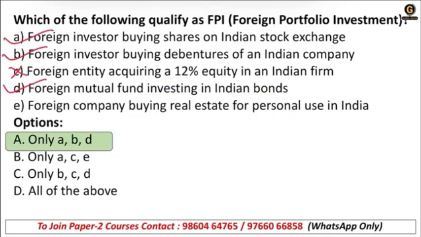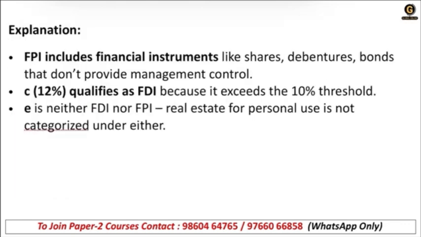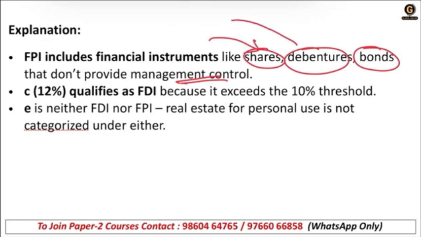Okay, C is not correct. FPI includes financial instruments like shares, debentures, bonds that don't provide management control, right? So here you can invest in another country, you can invest in shares, in debentures, and in bonds as well.